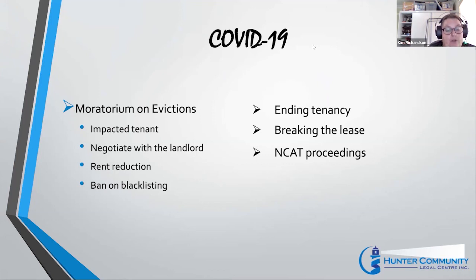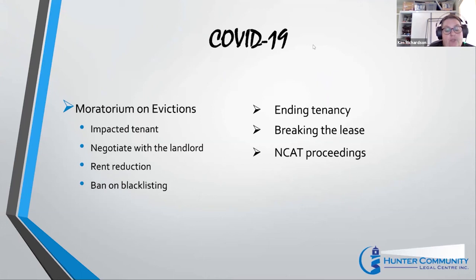Okay, now at the moment, where rent reduction negotiations have failed, COVID-19 impacted tenants are able to end their fixed term tenancy early with a reduced penalty.